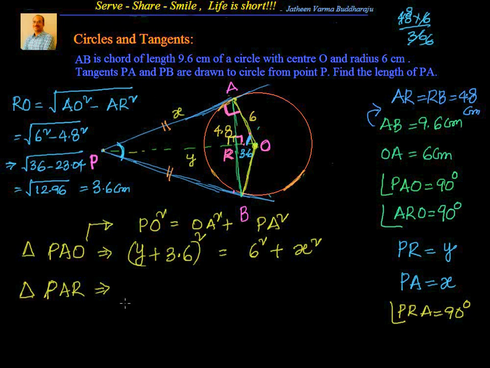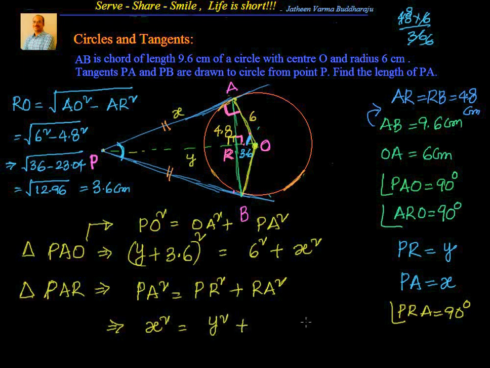If PRA is 90 degrees, PA square is equal to PR square plus RA square. PA square is x square, equal to PR square, that is y square, plus RA square, that is 4.8 whole square.